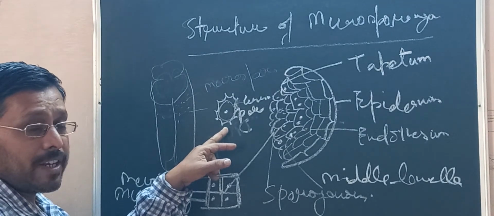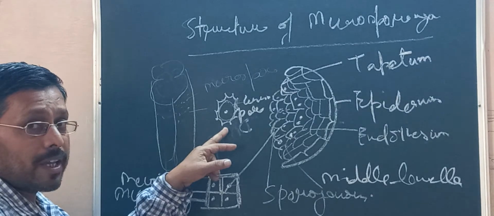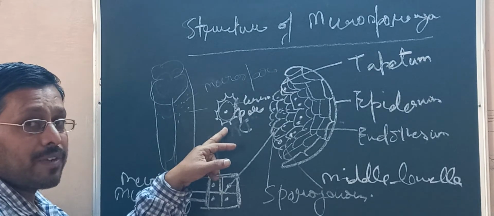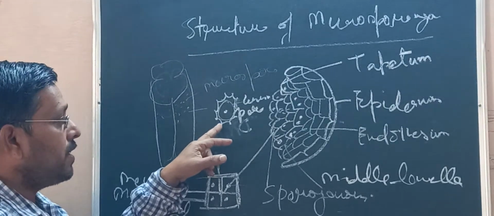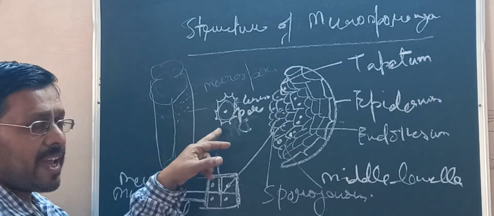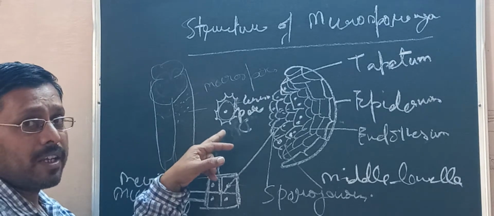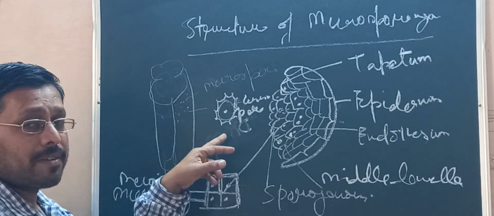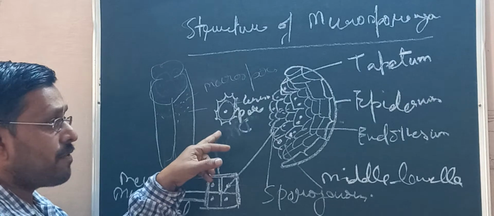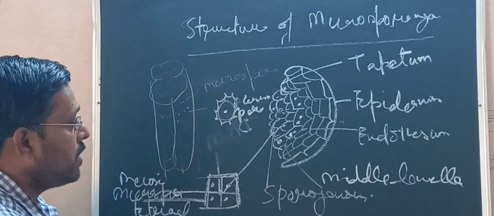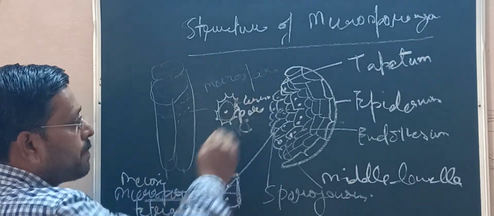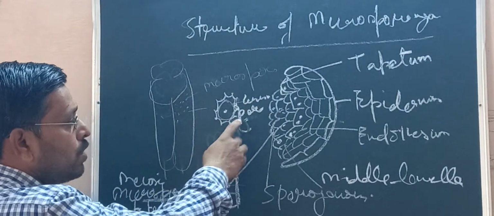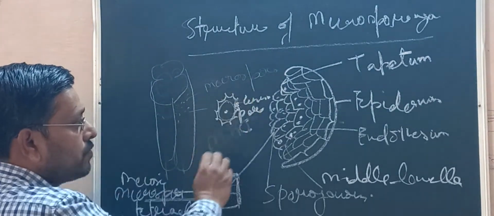After shedding from the plant, the pollen can withstand different environmental disturbances. That's why the pollen grain, the male gametophyte, can survive in diverse environmental conditions. But at one place the sporopollenin is absent, so the germ pore is there.